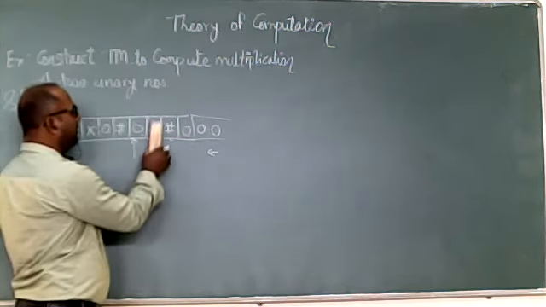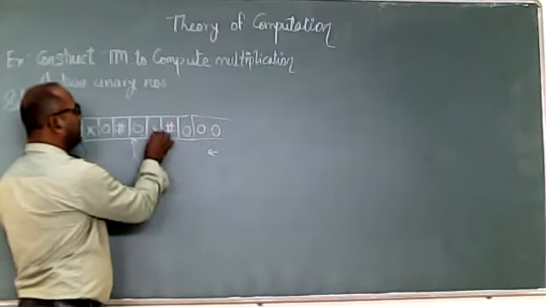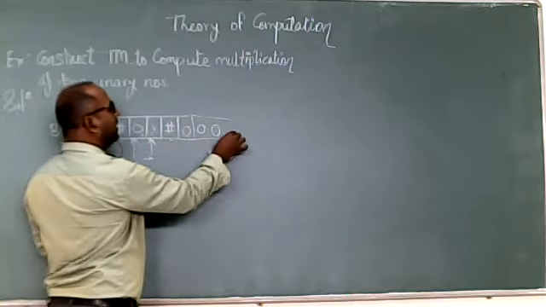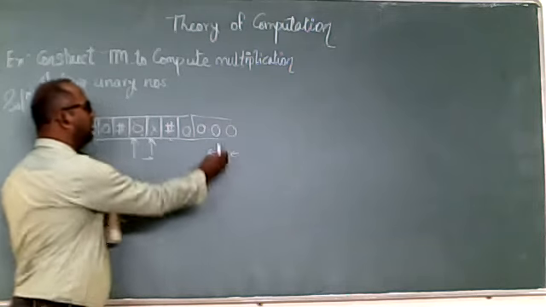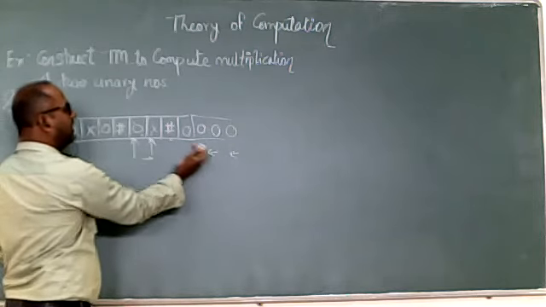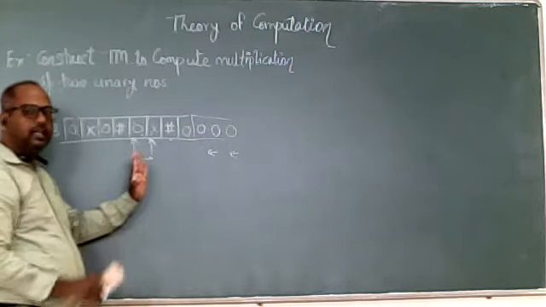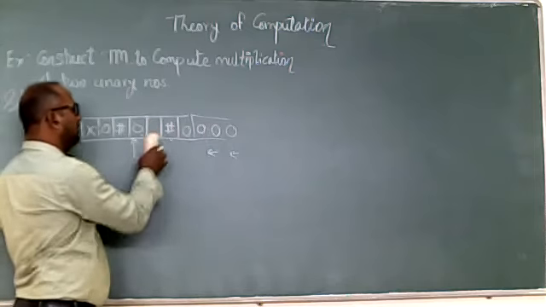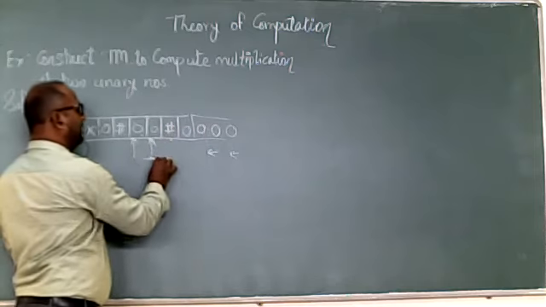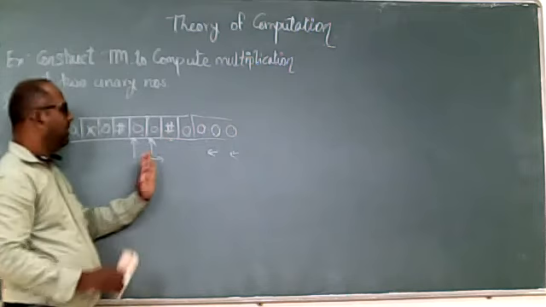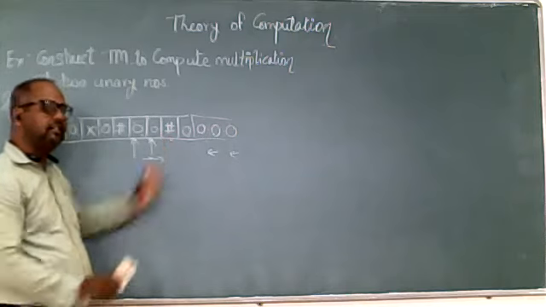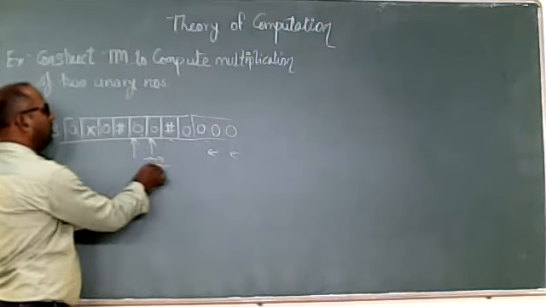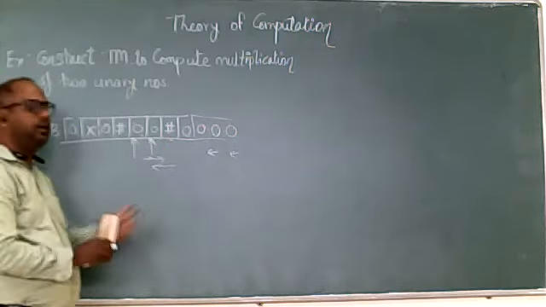Simple copy logic: make it X, keep everything, and when we get the blank, make it 0 and change the direction. After changing direction, come till the X, make this X a 0 and change the direction to right. When we get the hash, we keep it as it is and move towards the left because the copy is done.